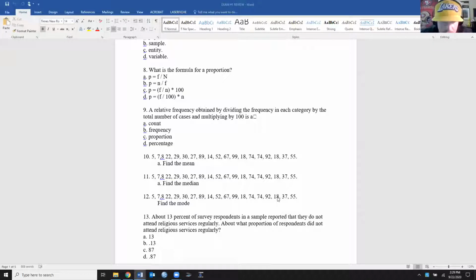27 and 29 and 30. 37. No 40s. 52, then 55.